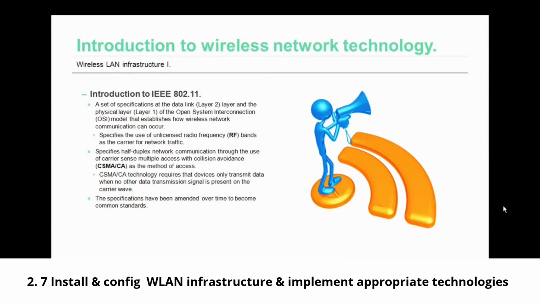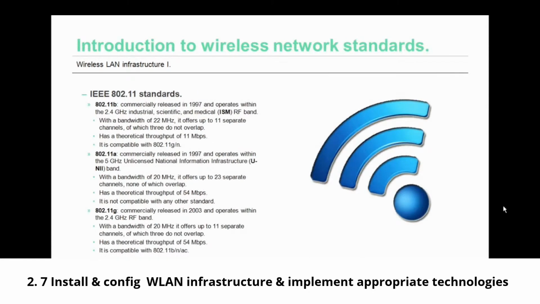Now, the 802.11 standards have been amended over time to become our common standards that we see today. These standards include the 802.11b wireless standard. It was commercially released in 1997 and operates within the 2.4 GHz Industrial, Scientific, and Medical, or ISM, radio frequency band.